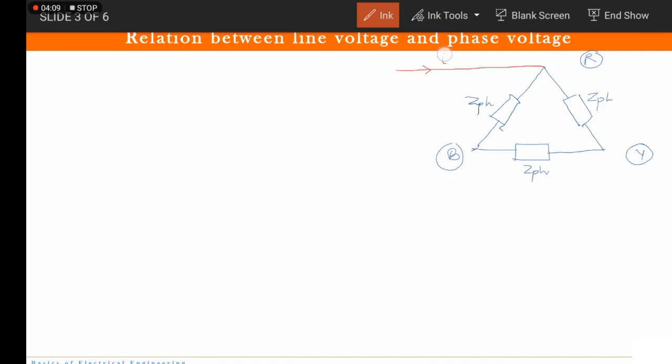So this is IR, then I have Y phase, the current is IY. Similarly, I have B phase and the current is IB. This is the B phase. Okay, got it?